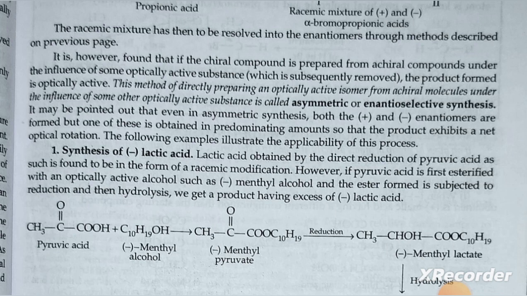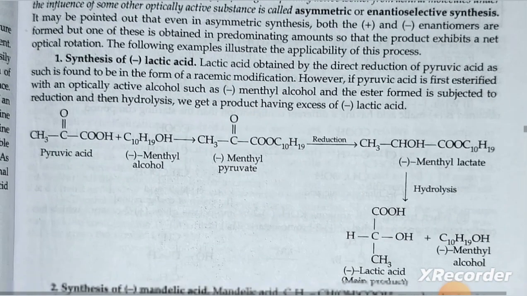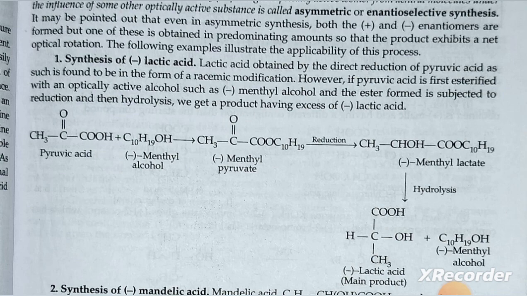Pyruvic acid plus minus menthyl alcohol gives rise to minus menthyl pyruvate. Reduction gives rise to minus menthyl lactate. Hydrolysis gives rise to minus lactic acid as the main product plus menthyl alcohol.